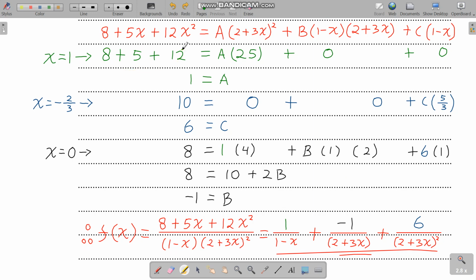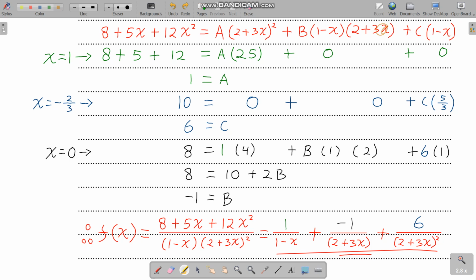Then we plug in minus 2/3, so we replace the x with minus 2/3. Just use your calculator here. When you plug in minus 2/3, on the left you get 10. On the right, this term goes to 0.